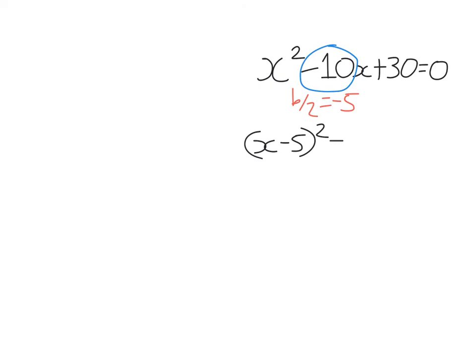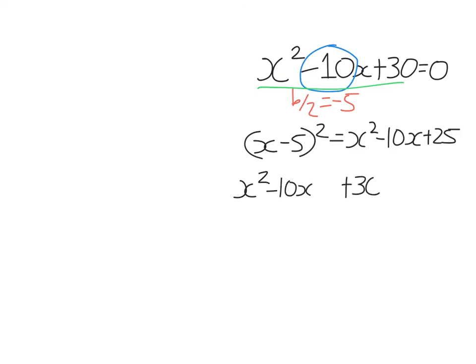So x minus 5 all squared is x squared minus 10x plus 25. So now I'm going to rewrite this as x squared minus 10x plus 30, but to make it a perfect square, I need this 25. So I'm going to add 25, but then take 25 away, just so it's balanced out.